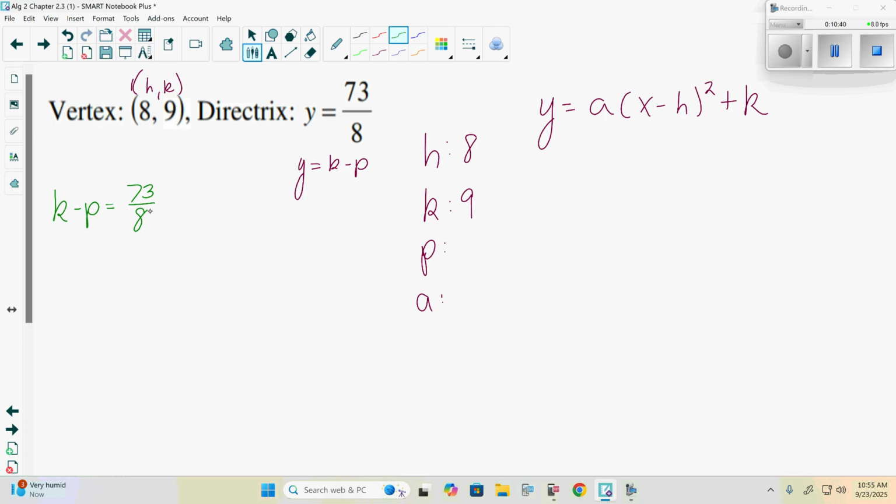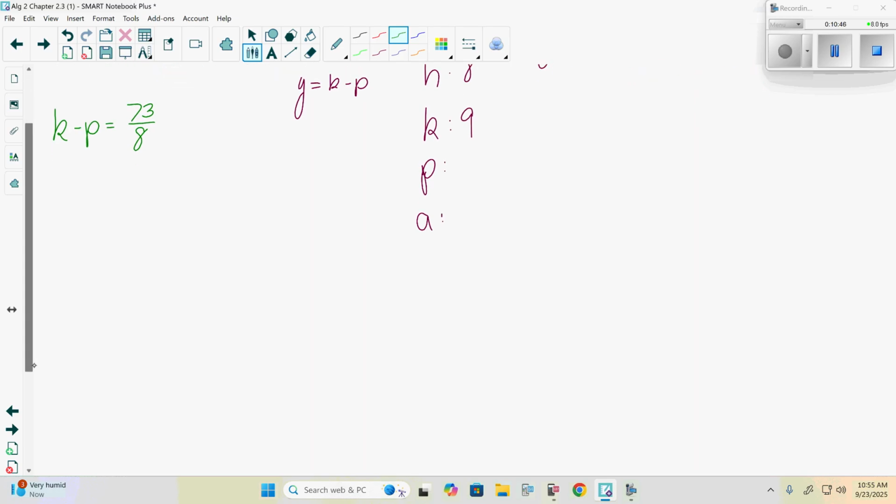And it's told to us that the directrix is 73 over 8. And we also know that the value of k is 9. So we're saying that 9 minus p is equal to 73 over 8.